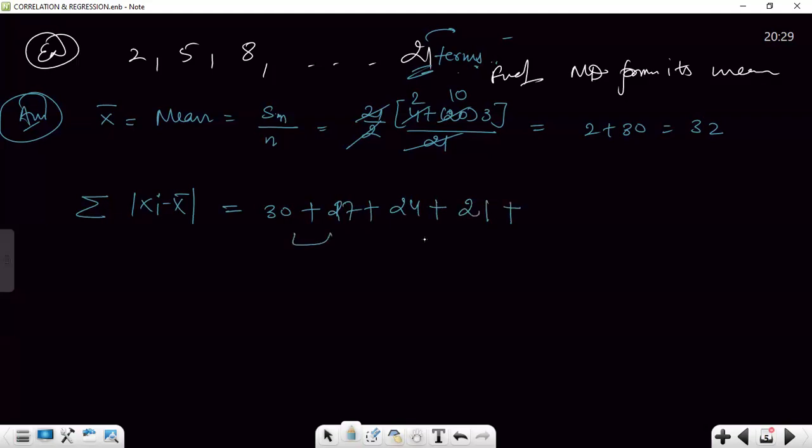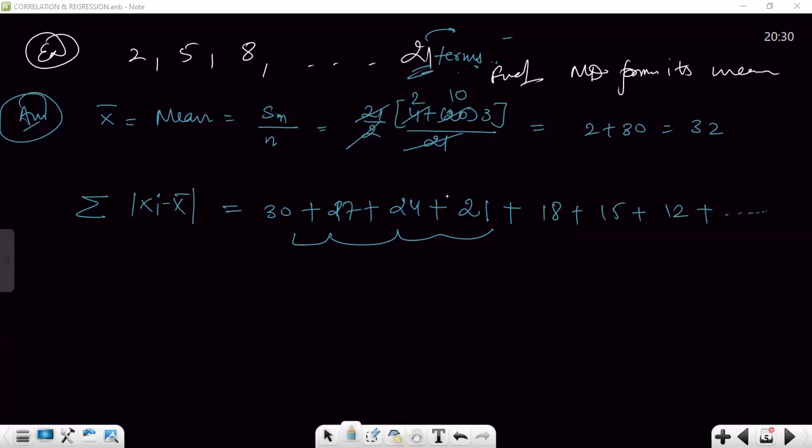We have observed a pattern now: 18, 15, 12, and like this, it will go till the last term. The last term is the 21st term. So it will go on like this.